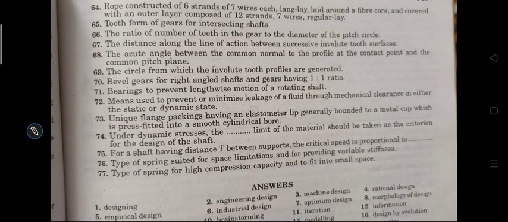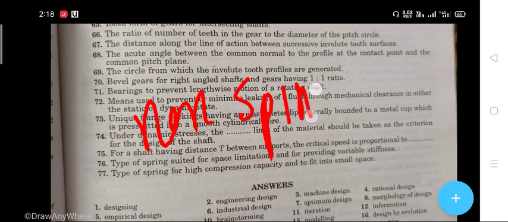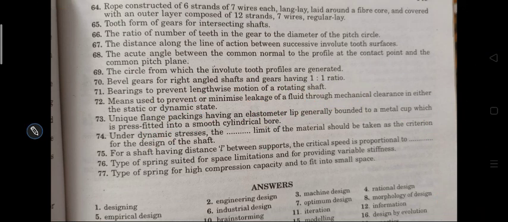A rope constructed of 6 strands of 7 wires, long lay, laid around a fiber core and covered with an outer layer composed of 12 strands of 7 wires regularly laid. The right answer is non-spinning hoisting rope.